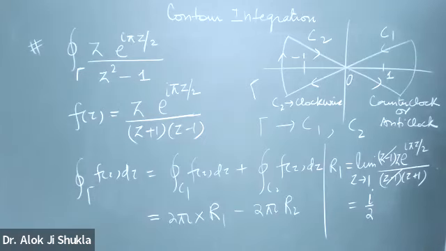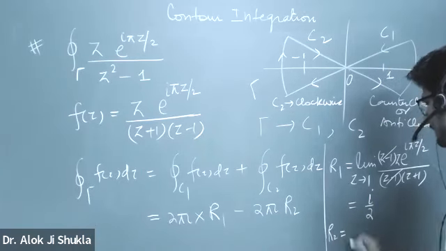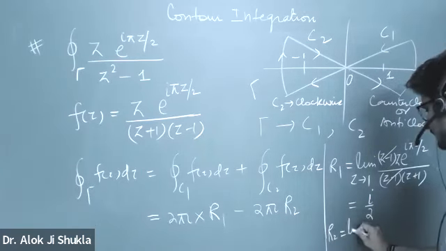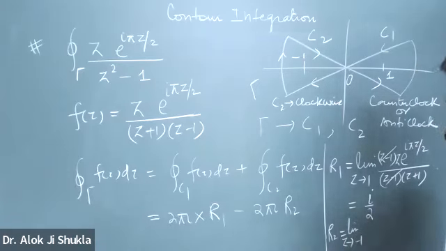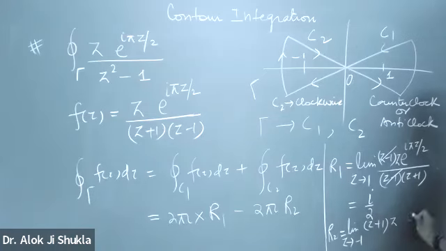And R2 will be the limit z tending towards -1 of (z plus 1) into z e to the power i pi z by 2, by (z minus 1) into (z plus 1).